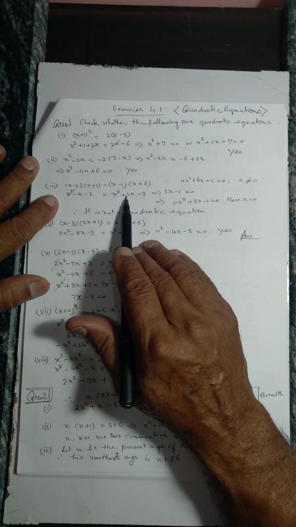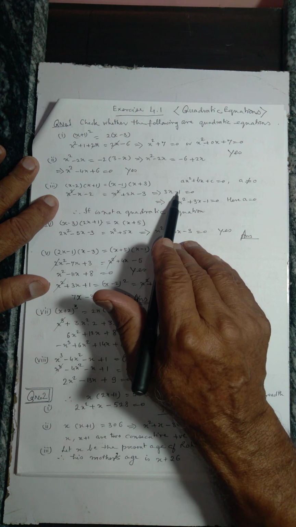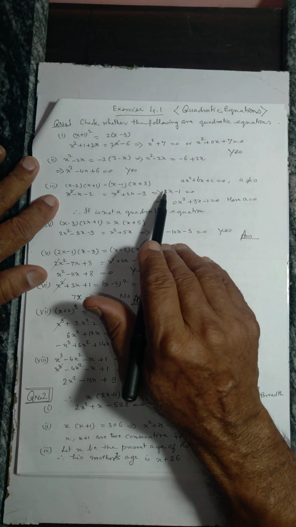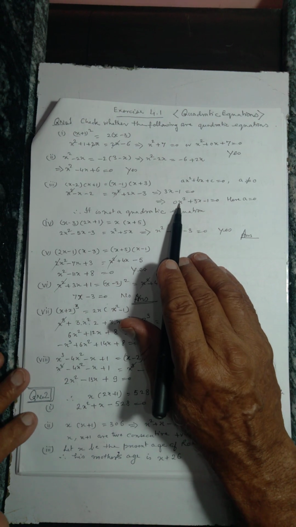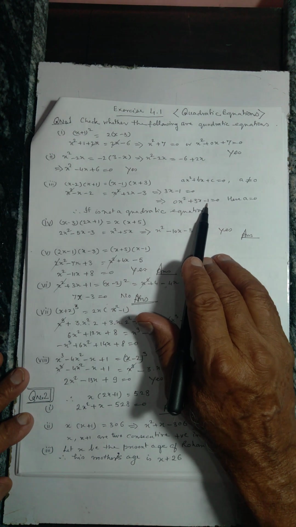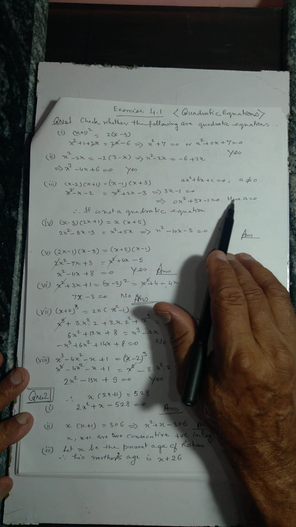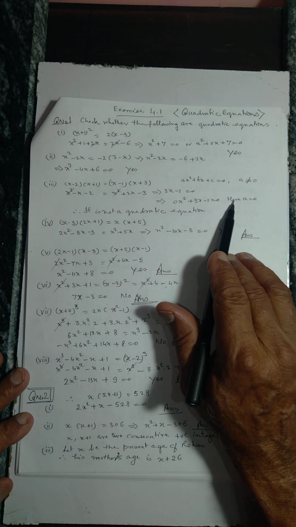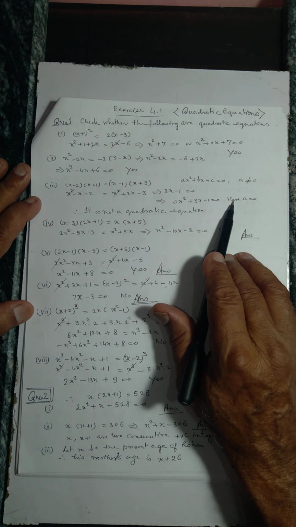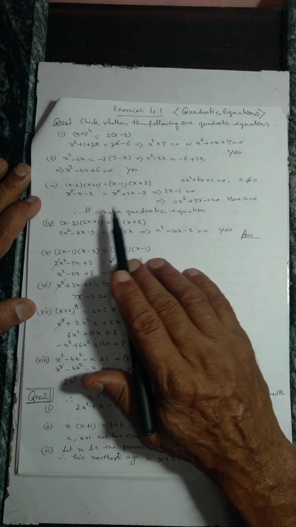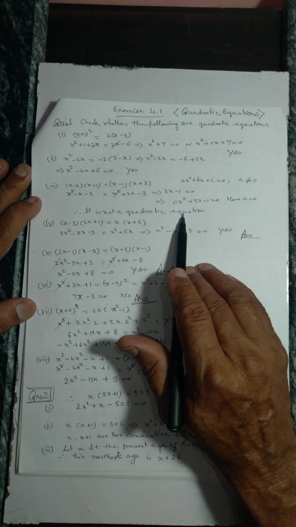So we are left with 3x minus 1 equal to 0. I have written the standard form of the equation, that is 0x square plus 3x minus 1 equal to 0. Here a is equal to 0, whereas for a quadratic equation a should not be equal to 0. Therefore it is not a quadratic equation.